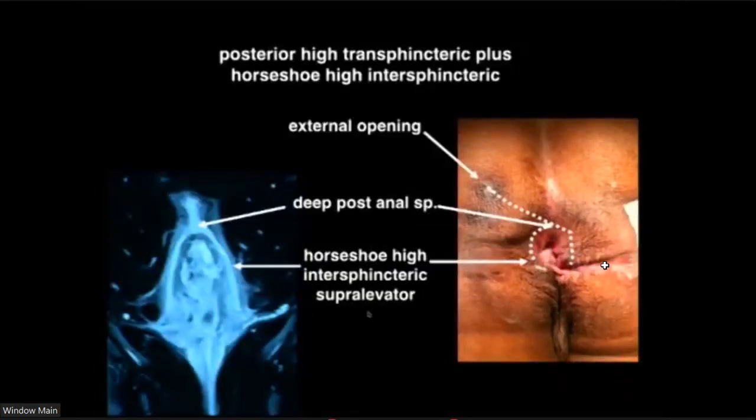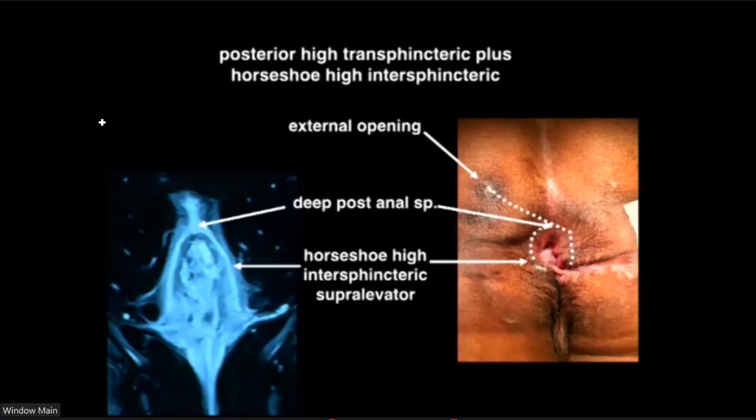In this case, it's from Singapore, maybe a Maldives patient, operated in Singapore and has recurrence. Came to me, you have the fistula from here to the post-anal space here, going to the internal opening here. At the same time, it's a horseshoe intersphincteric, horseshoe in high intersphincteric superelevator, horseshoe here. Another external opening here.